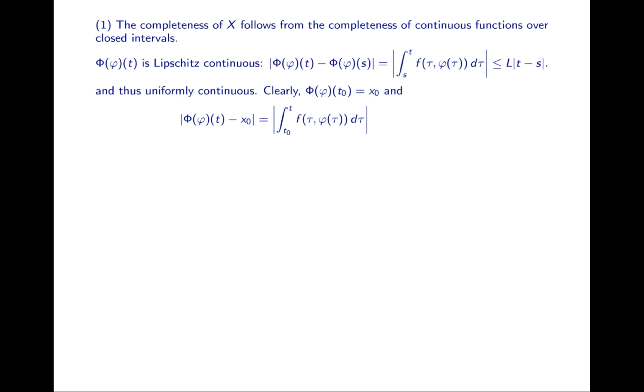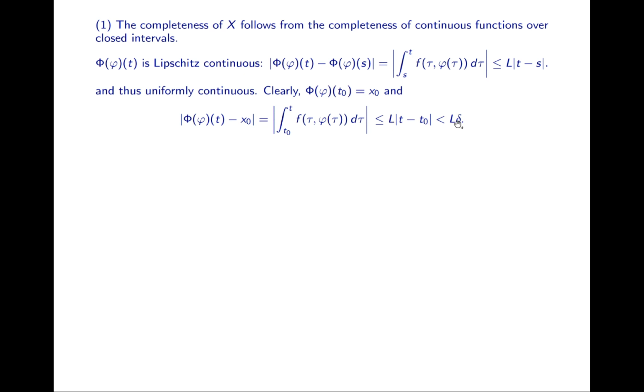Now, let's consider the difference between big phi of little phi of t and x naught. Well, using the same reasoning as before, this is equal to the integral from t naught to t of f. Remember, f is bounded by L, so this is less than or equal to L times t minus t naught.